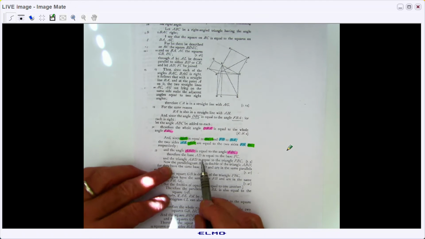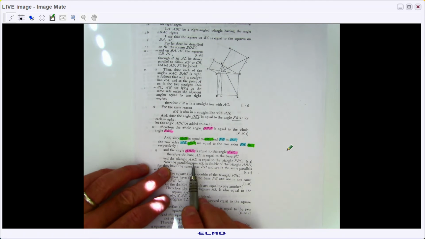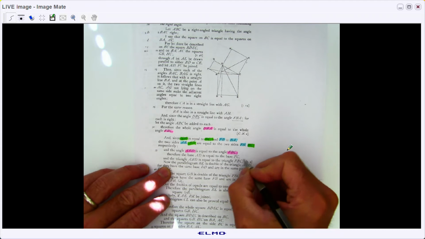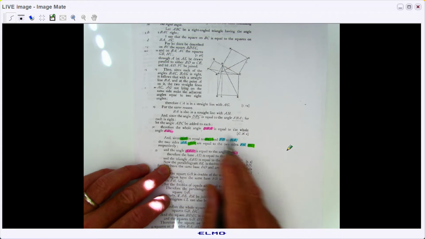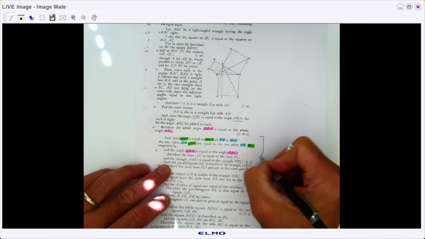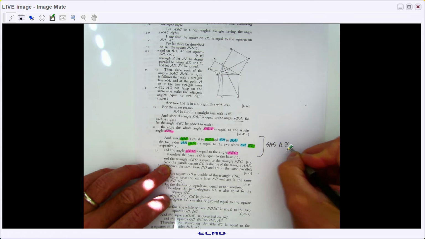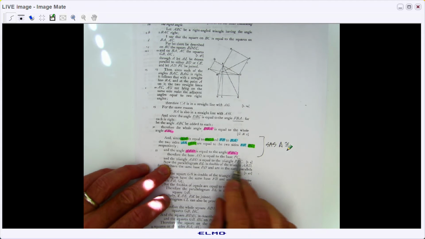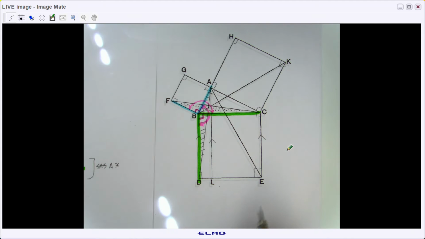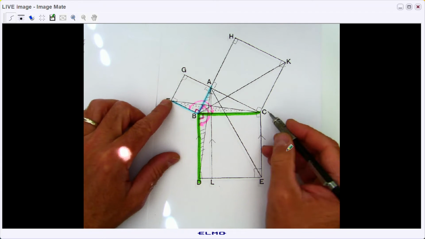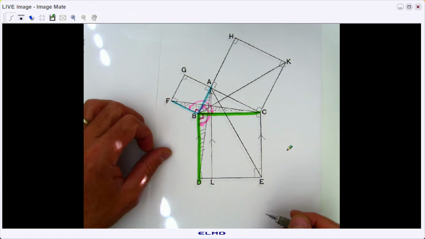And I think he's going to say, and the triangle ABD is equal to the triangle FBC. So I would argue that these two are sort of switched up. He first shows side, angle, side up here, and from it, he gets that AD and FC are equal. How's that feel?